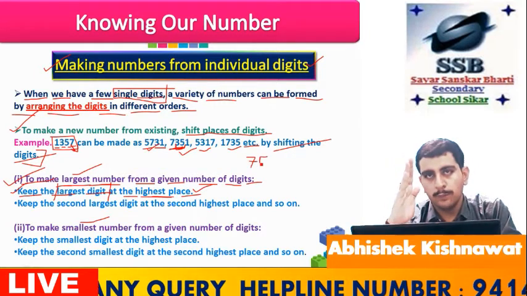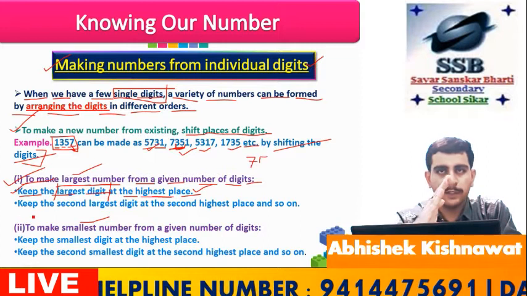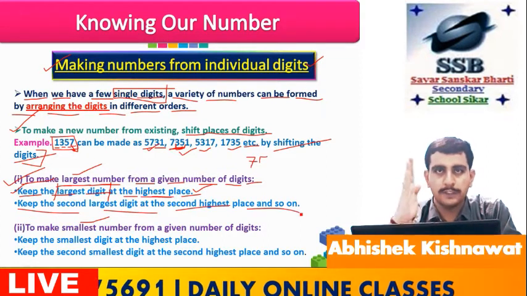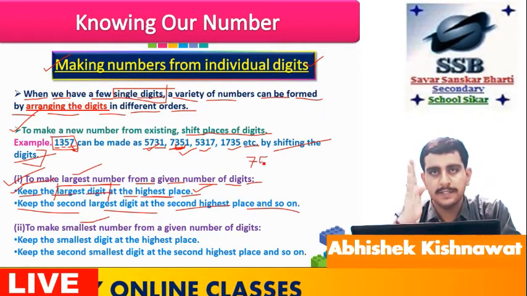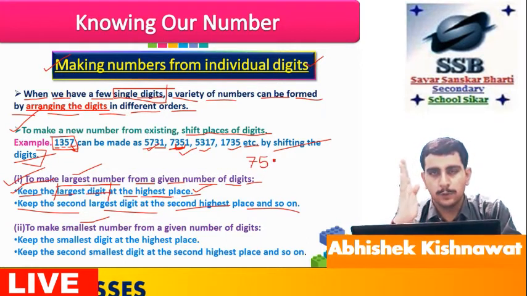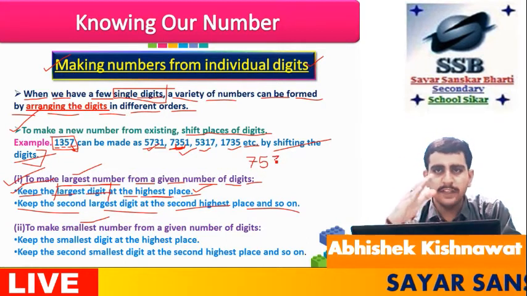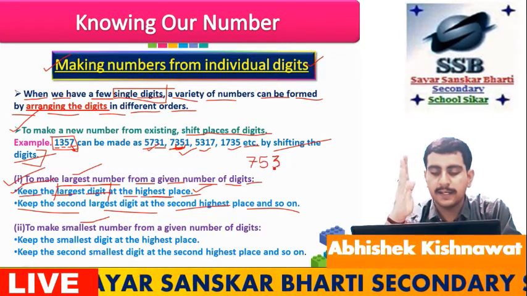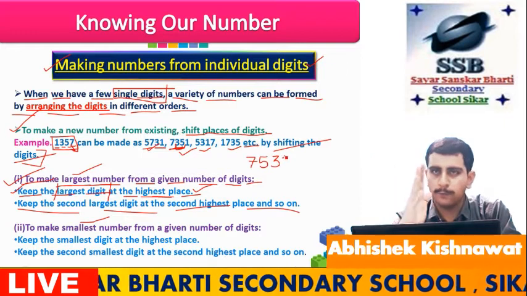We want to make the largest number from it. So we place the highest digit among these in the first place. Which one is highest? The highest is 7. So the first digit is 7. Then we follow the second step. The second step is to keep the second largest digit at the second highest place, and so on. We have to follow the same step.